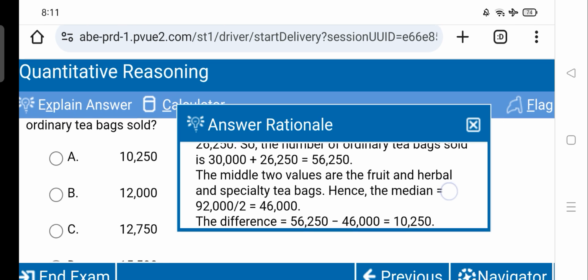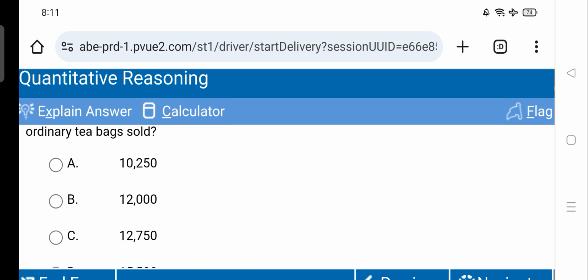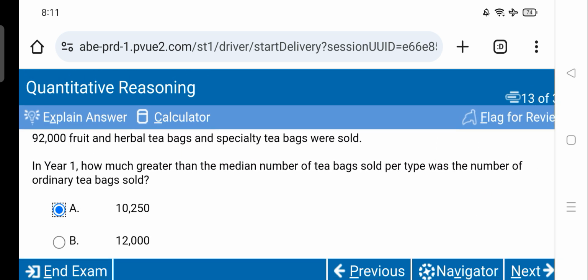So the difference equals 56,250 minus 46,000 equals 10,250. So the correct option is option A. The number of ordinary tea bags sold was 10,250 greater than the median number of tea bags sold per type.